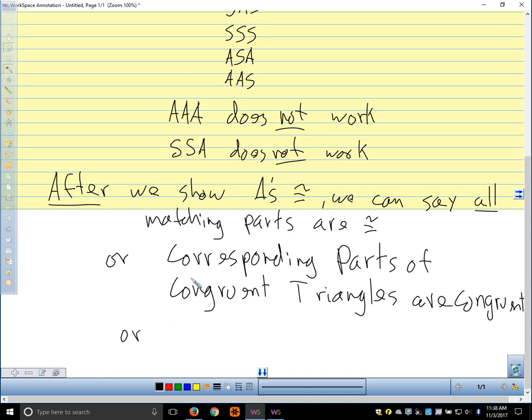Or we're just going to take this and turn it into an acronym. CPCTC. CPCTC is short for corresponding parts of congruent triangles are congruent. It avoids us having to say that over and over when we want to use that idea.